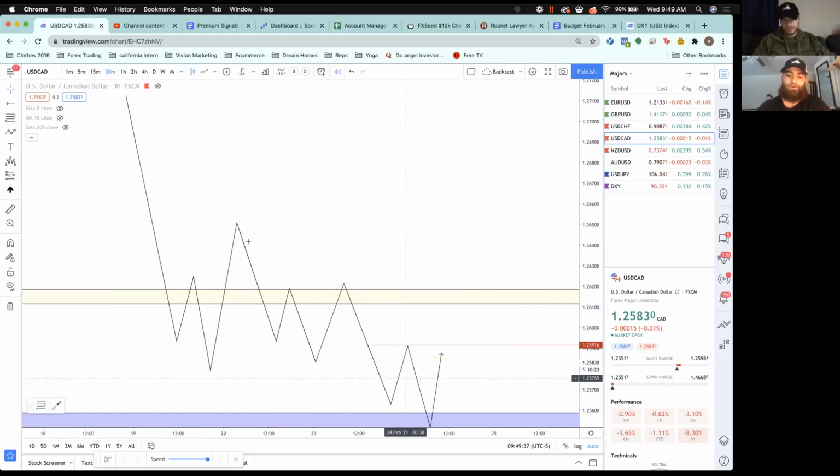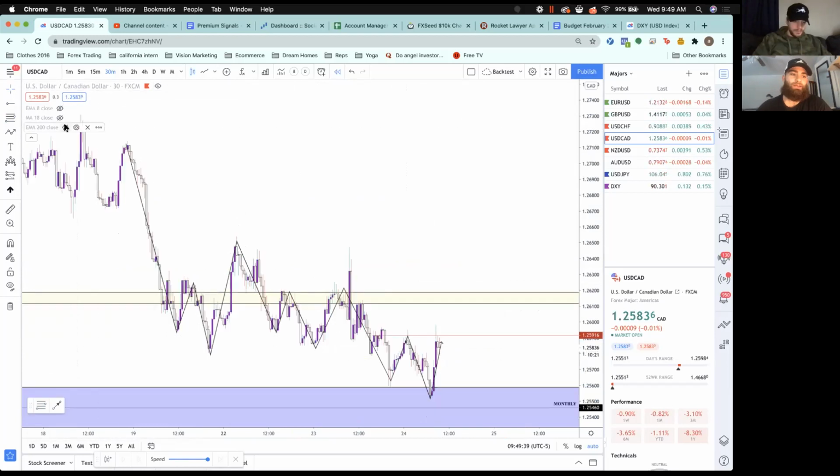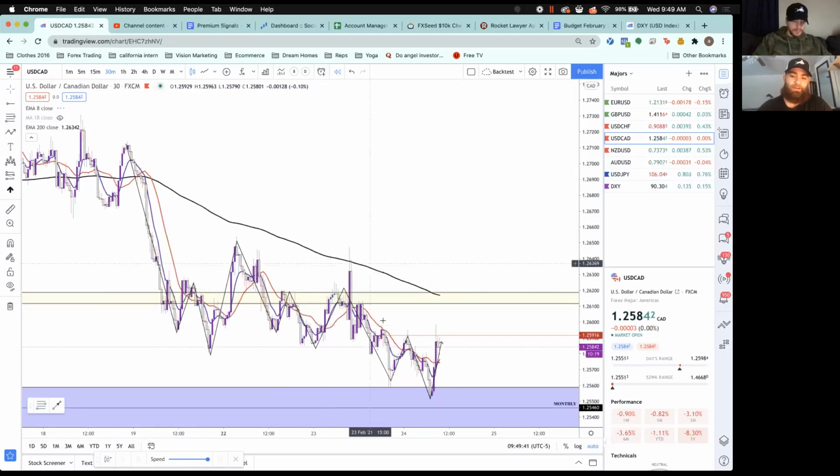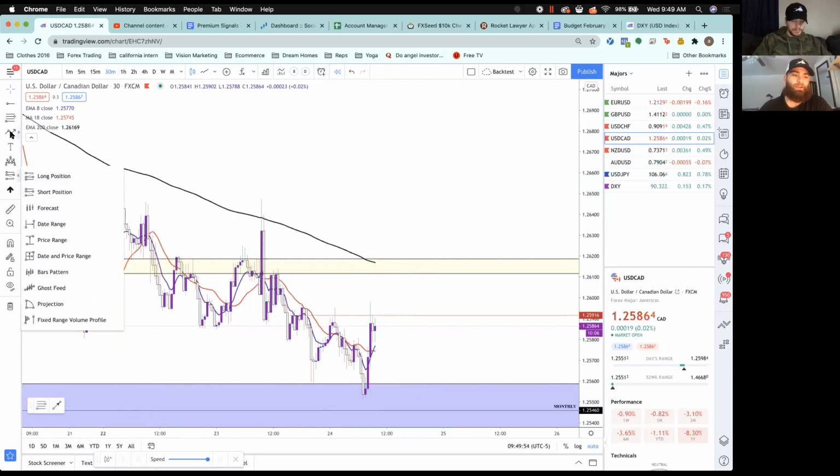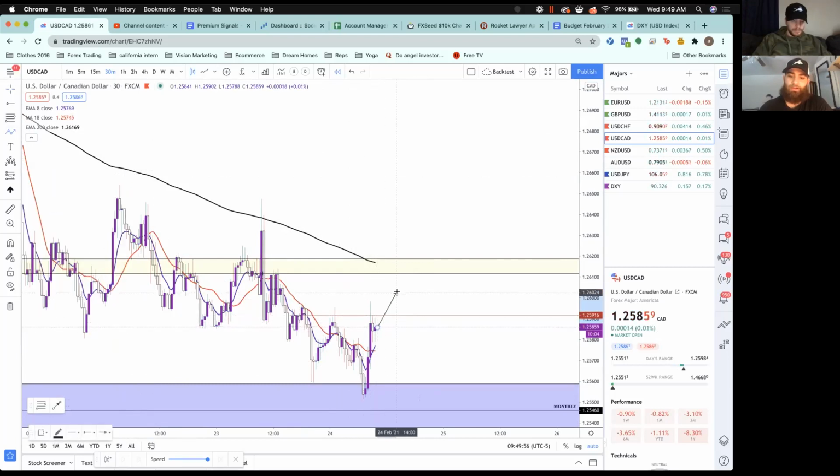I'm going to take this fib off, bring on the candlesticks and everything again. This is what, in my mind, I'm looking at. We're either going to respect this resistance now and continue lower into that level again, or this thing's going to do a nice break and retest, and then we'll start to long.